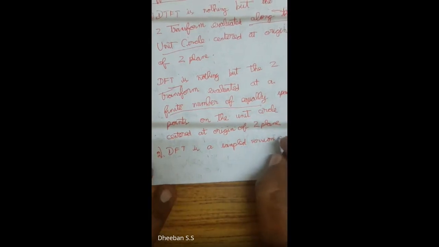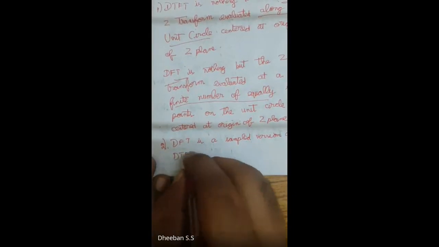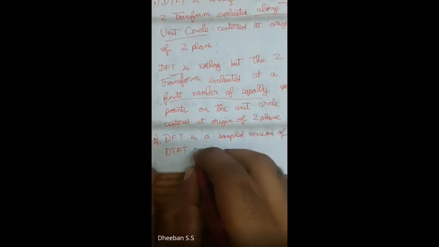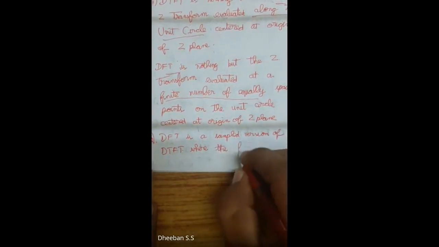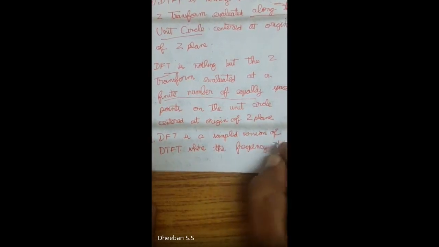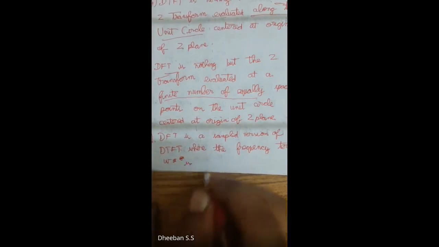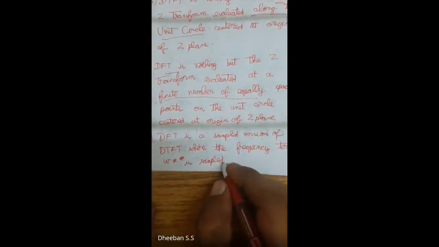So it is a sampled version of DTFT, where the frequency term omega is sampled. The sampling quantity is nothing but your omega.